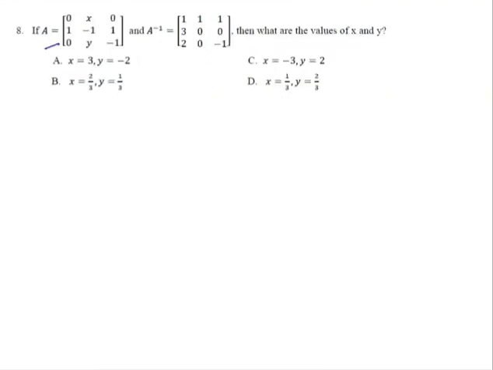If A is given here, a 3 by 3 matrix, and A inverse is given here, also a 3 by 3 matrix, then what are the values of x and y? ምን ተሰጥቶናል? Matrix A እና inverse ተሰጥቶናል.